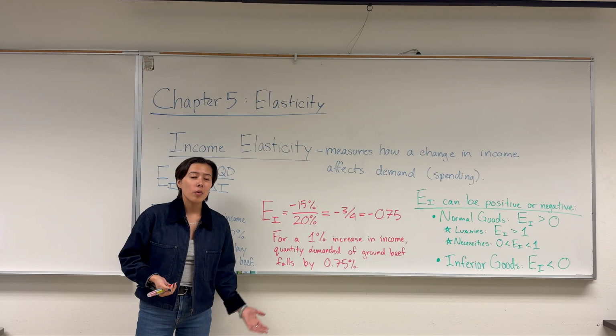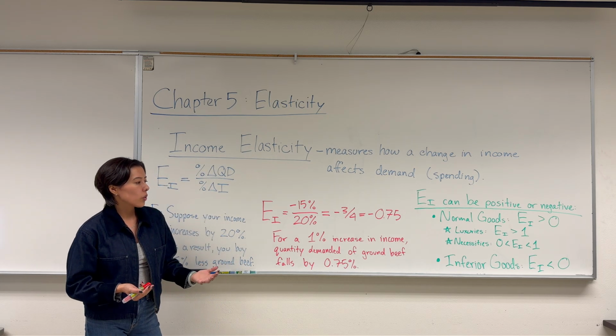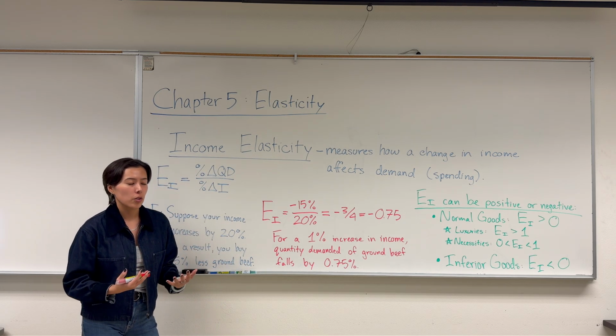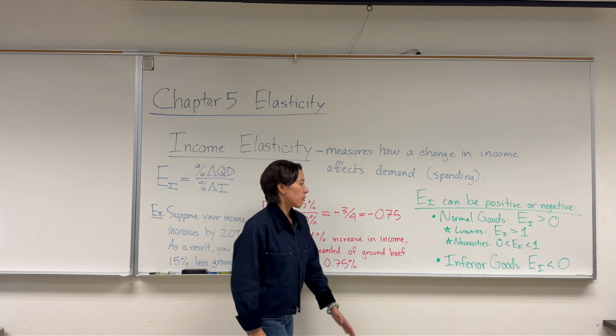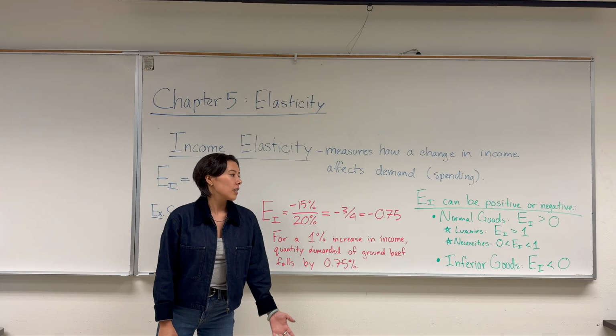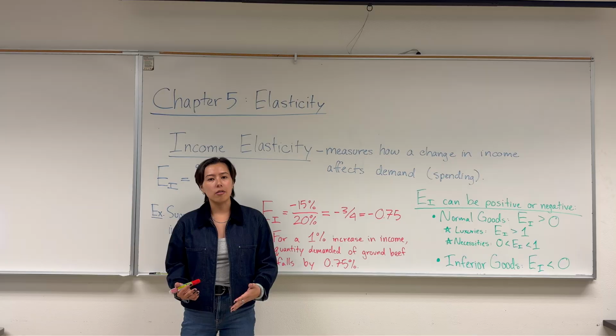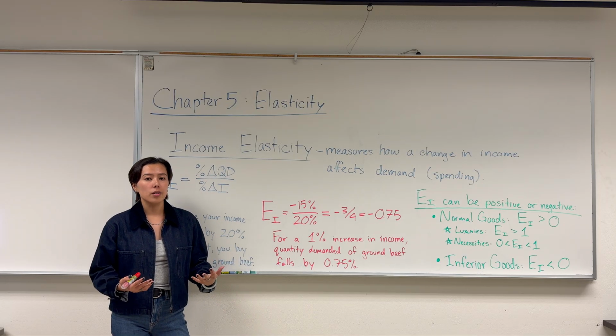So when my income went up, my demand for ground beef fell. So we already know intuitively that ground beef must be an inferior good. This is confirmed by the fact that our income elasticity of demand for ground beef is less than 0. We have a negative number as our answer, so we know that ground beef must be an inferior good.